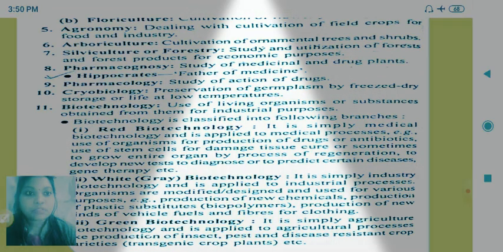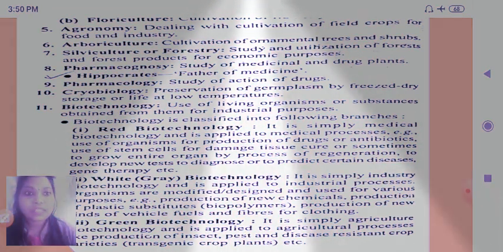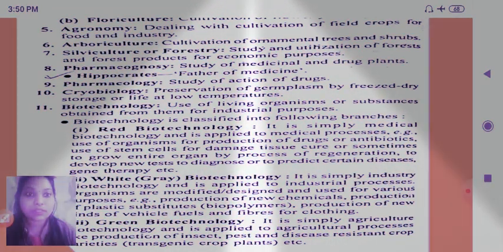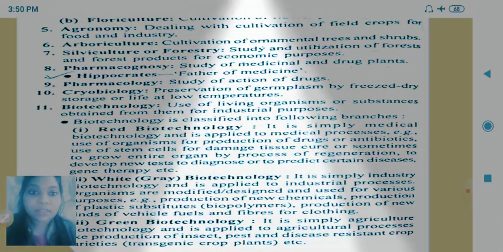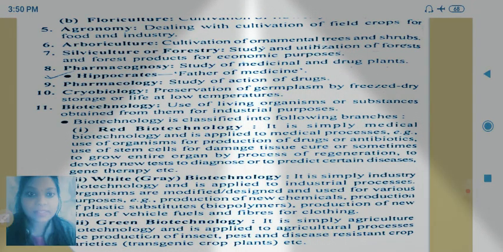Red biotechnology means biotechnology applied to medicinal processes, like the use of organisms for the production of drugs, antibiotics, and even stem cell culture, even stem cells for damaged tissue cure, and sometimes to grow an entire organ by the process of regeneration.